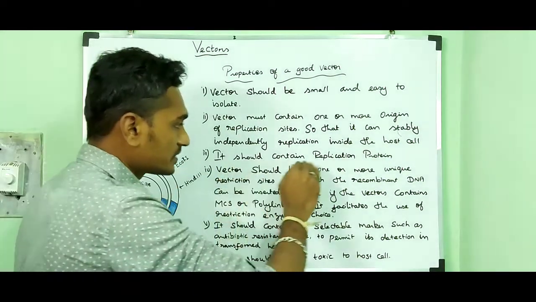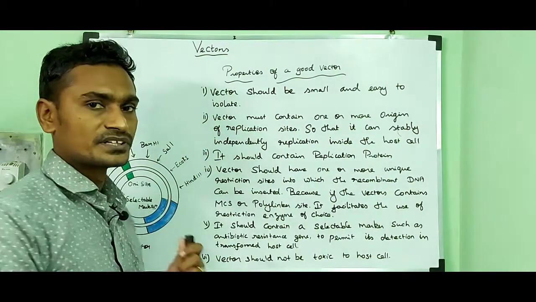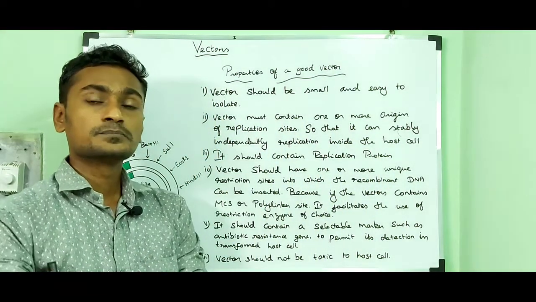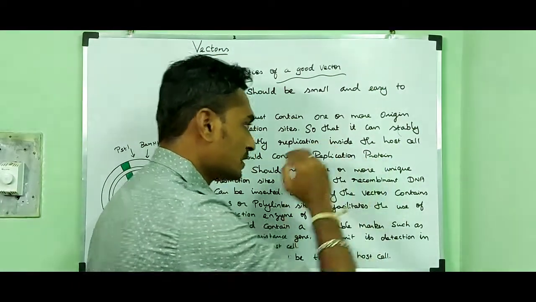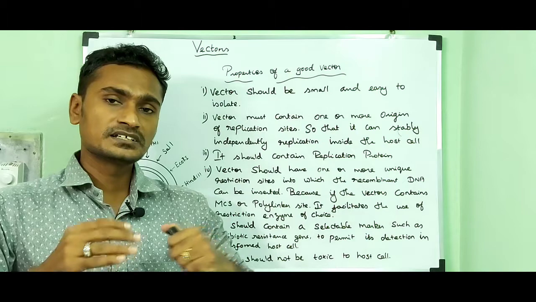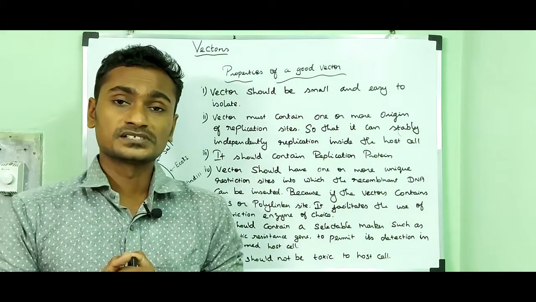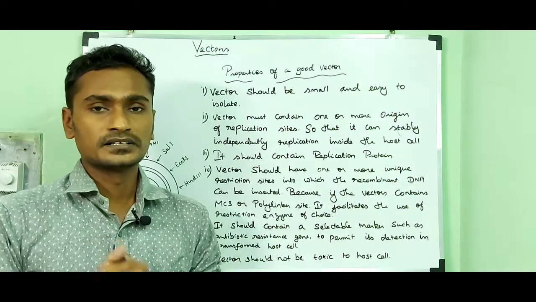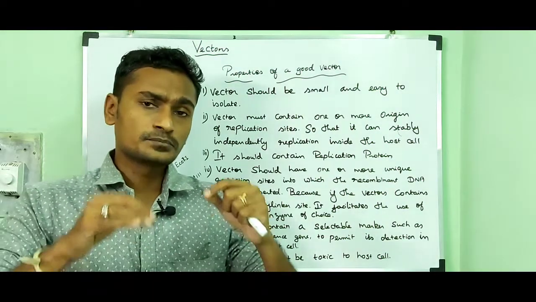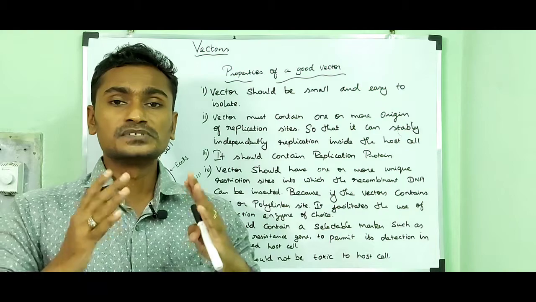Then it should contain a replication protein. The replication process is initiated by the protein called the replication protein. For example, in DNA replication, the replication process is initiated by a primer, which is an RNA. So that primer can initiate the replication process.